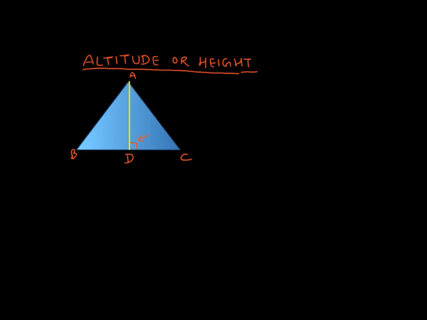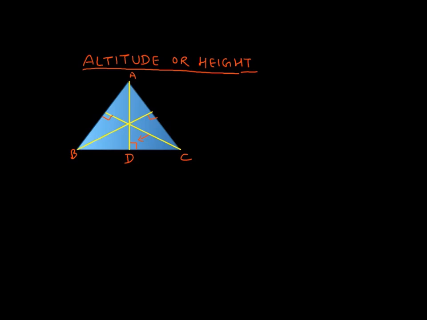In the same way, I can draw two more line segments of such type. That is, I can draw two more altitudes of this triangle. So just as we have done in case of the median, a triangle can have three altitudes.